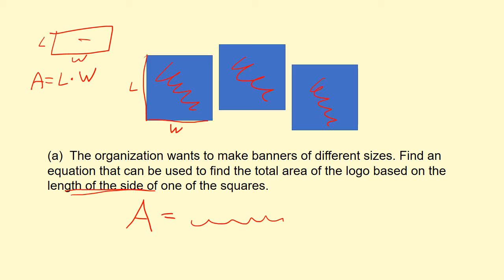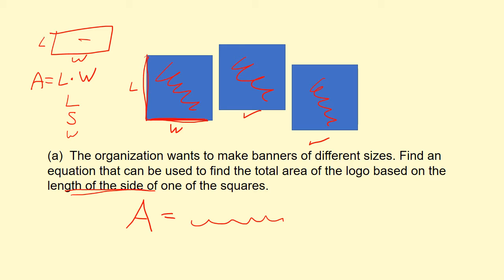Okay, so we need to come up with some letter, and you could use S, or you could use W, or L, or anything you want to. Choose some letter to equal this length of this side here. And so why that helps you is because that tells you what this length is. And then you also have these other 2 squares here and here, which are identical to this first square here.